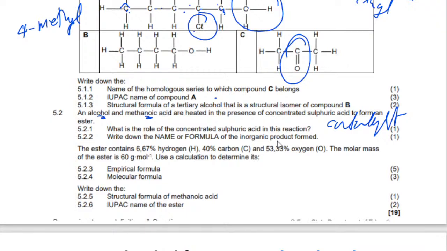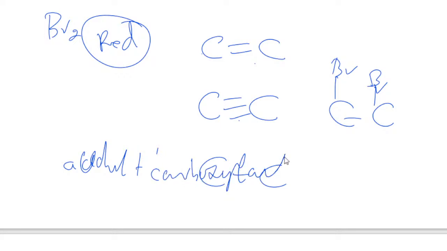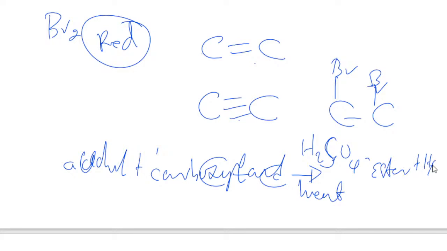Definitely, it's going to be water, because the moment you have alcohol plus the carboxylic acid, in the presence of the sulfuric acid and heat, you form an ester plus H2O, which is water.